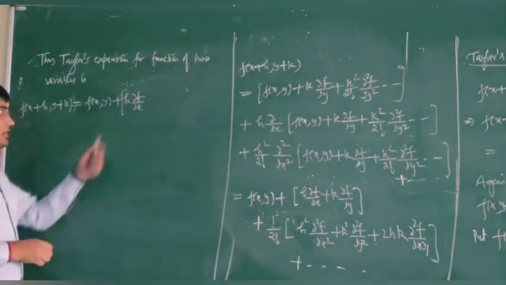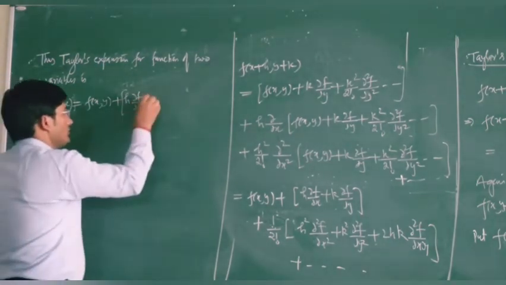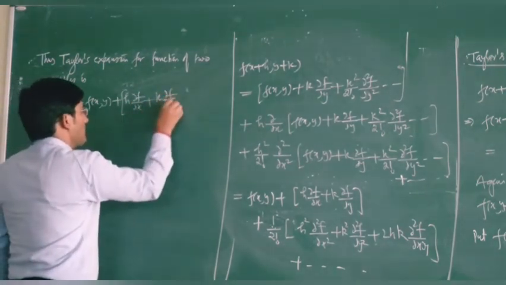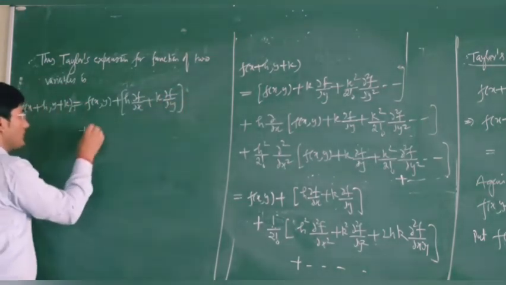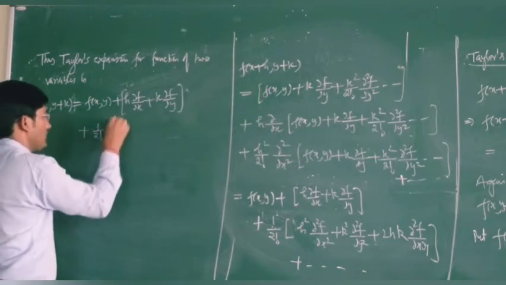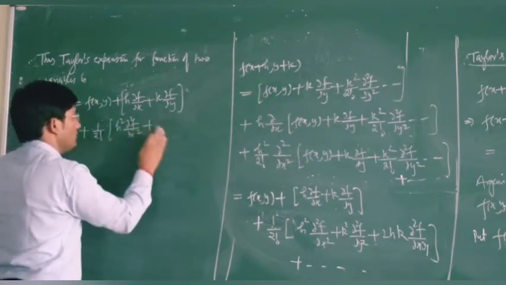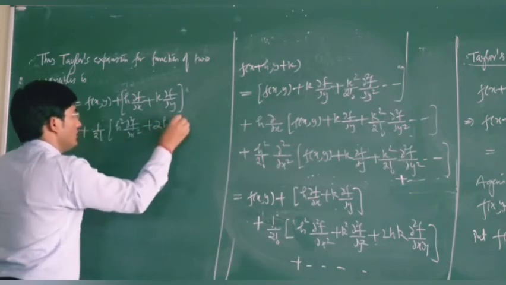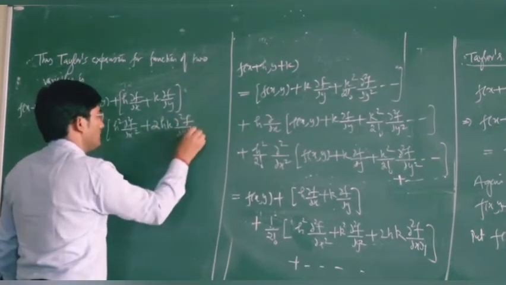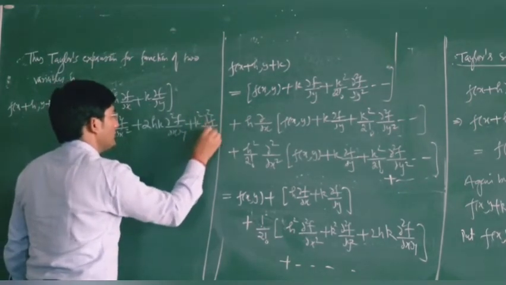Please note that here I am writing this series at x comma y. The next term will be k del f upon del y. Then the next term will be 1 upon factorial 2 into h square del 2 f upon del x2 plus 2hk del 2 f upon del x del y, then k square del 2 f upon del y2.